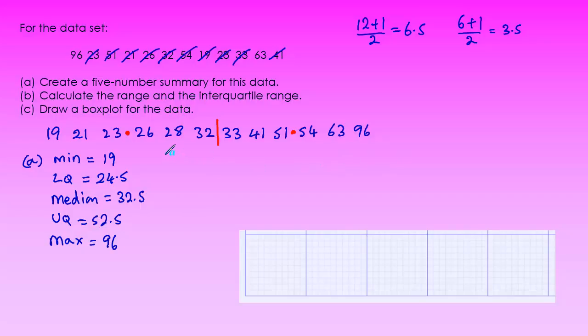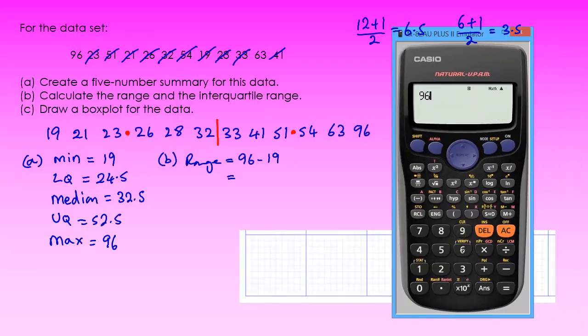Now in part B we were asked for the range, and the range is always the maximum take away the minimum, so that would be 96 take away 19. 96 take away 19 is 77.